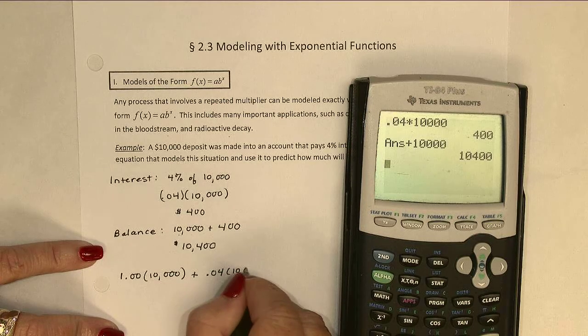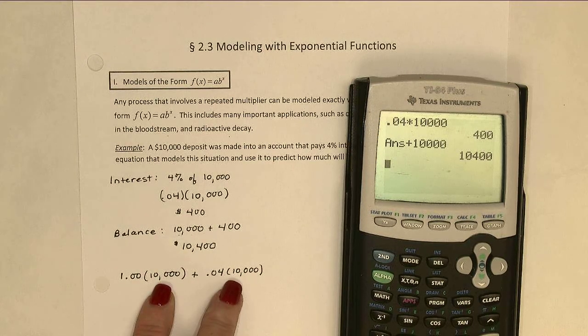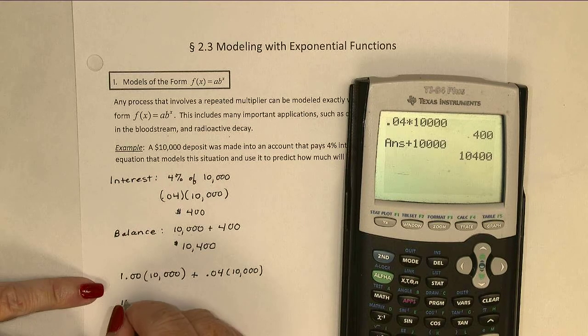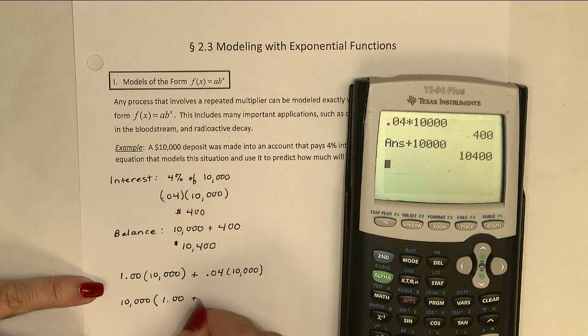And if you think about factoring a little bit, if we were to factor out the 10,000, we've actually multiplied it by 1 plus 0.04, or 1.04.